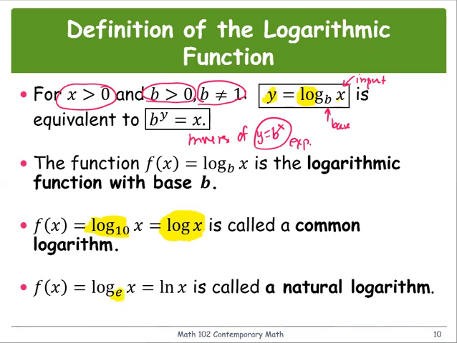For the base e, the natural number, we can write the log as ln, which is from the natural log, or the log base natural number e. The n is from natural, which is the base, and the L is from the logarithmic form.